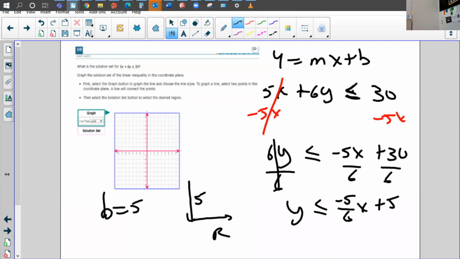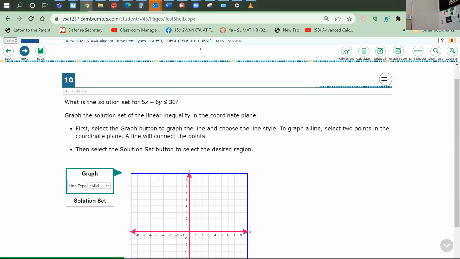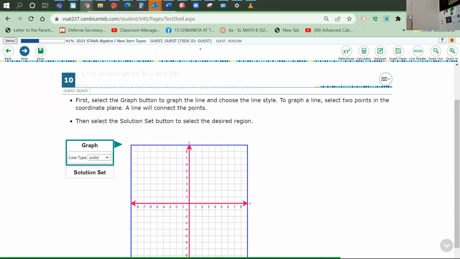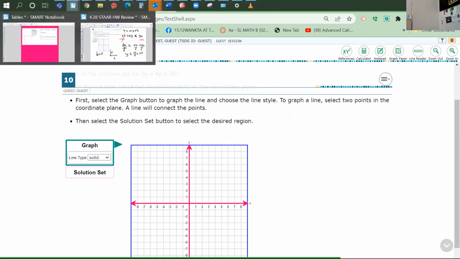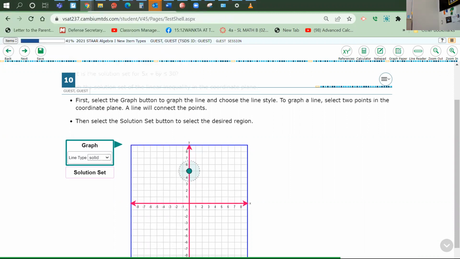Can I remember? What was it again? Oh, starting point is 5. Okay, almost mixed that up. Starting point is 5, and we go down 5 and to the right 6. Down 5 is at the origin, to the right 6.